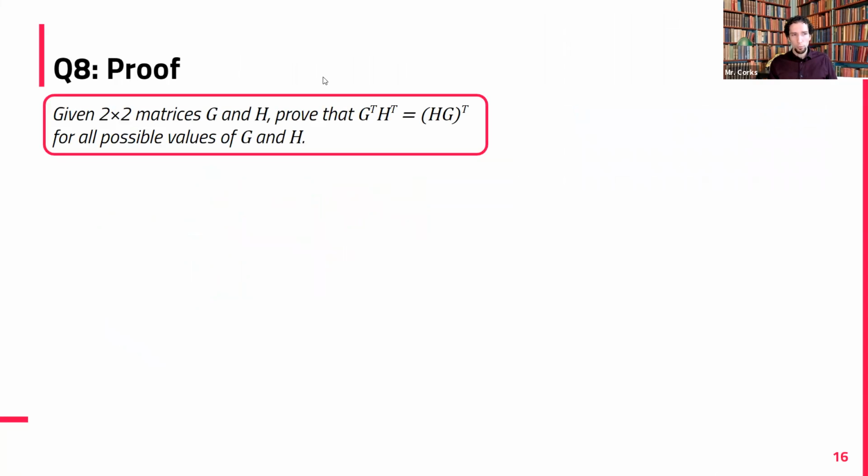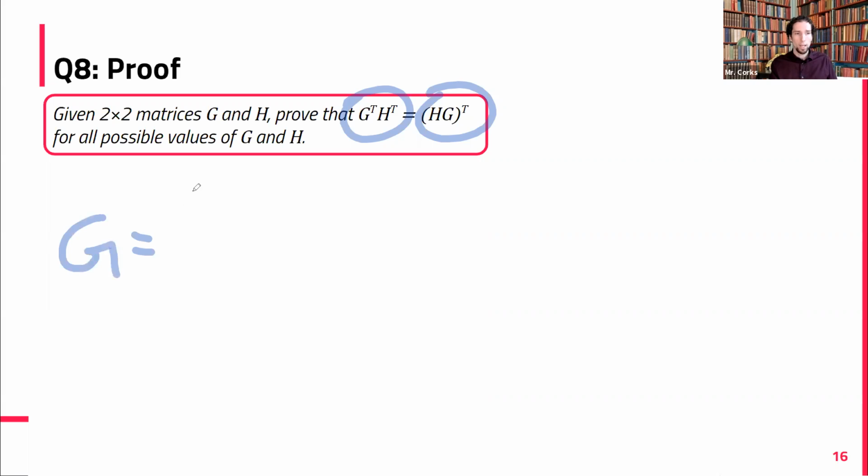Last one, proof. We have this property, and is the left side equal to the right side? Let's say just for an easy case, just for 2 by 2 matrices. So the way to address this one, let's just make some matrix G, give it whatever values.